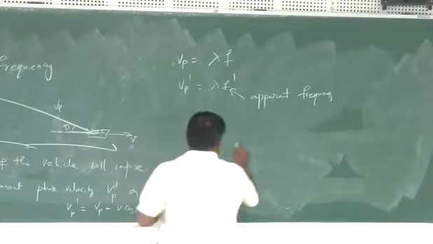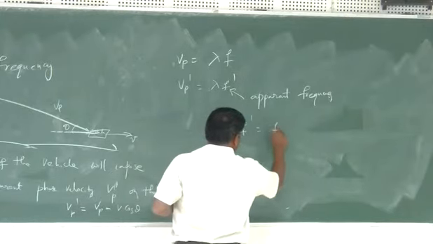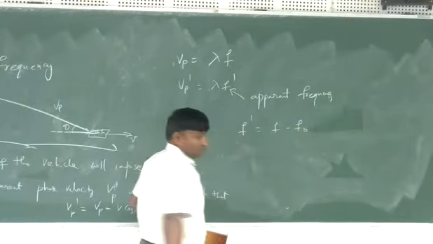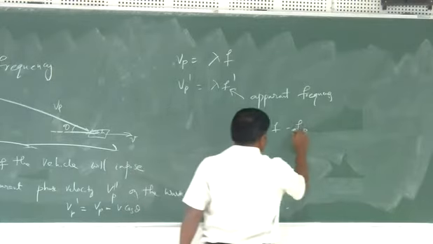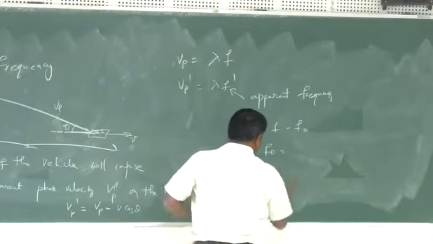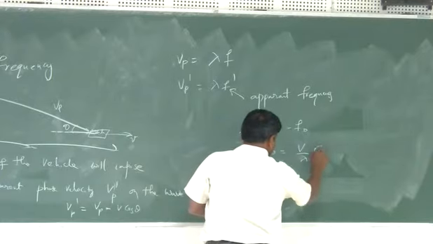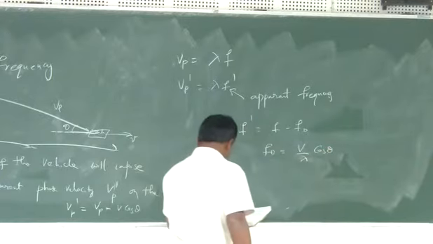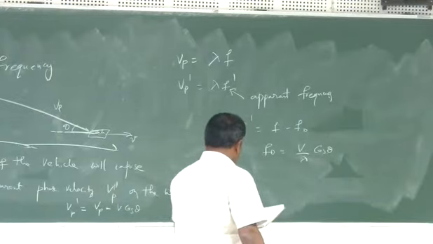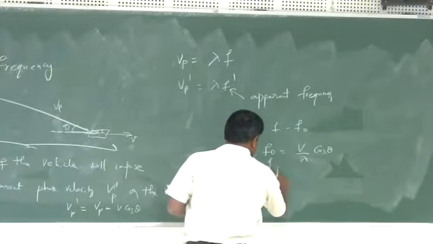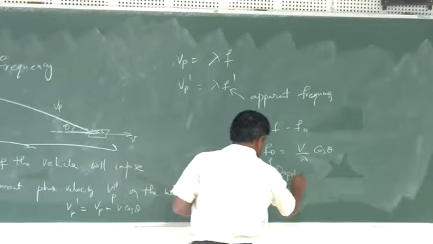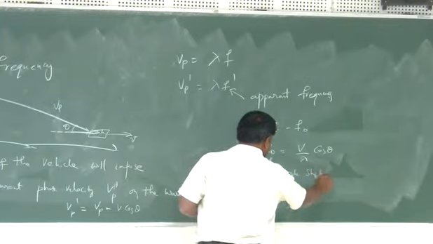Then we can write f prime as f minus some Doppler frequency fd, where fd is the Doppler shift. This makes sense?